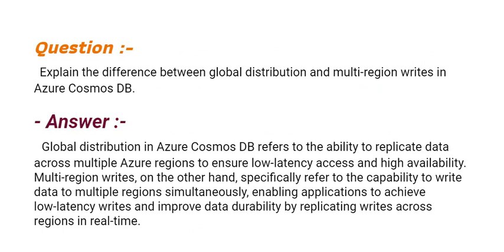Multi-region writes, on the other hand, specifically refer to the capability to write data to multiple regions simultaneously, enabling applications to achieve low latency writes and improve data durability by replicating writes across regions in real time.